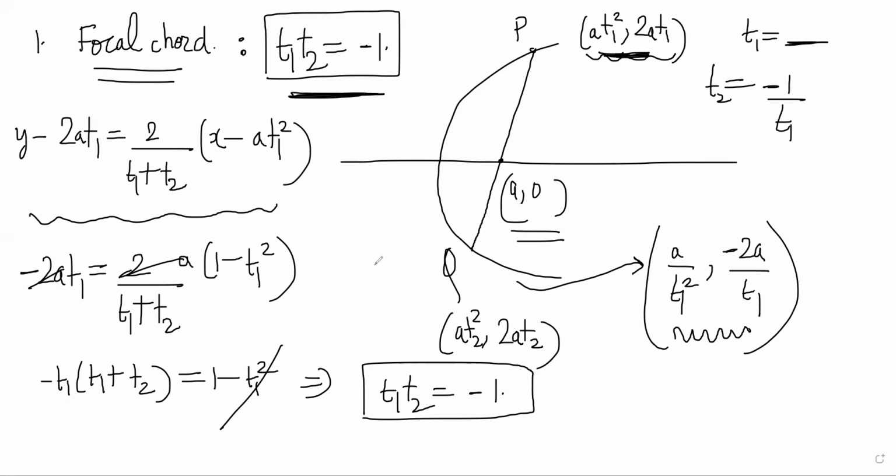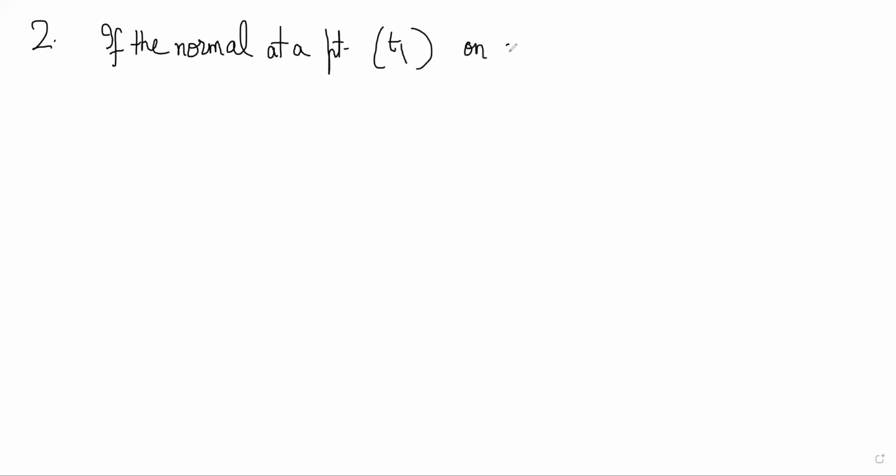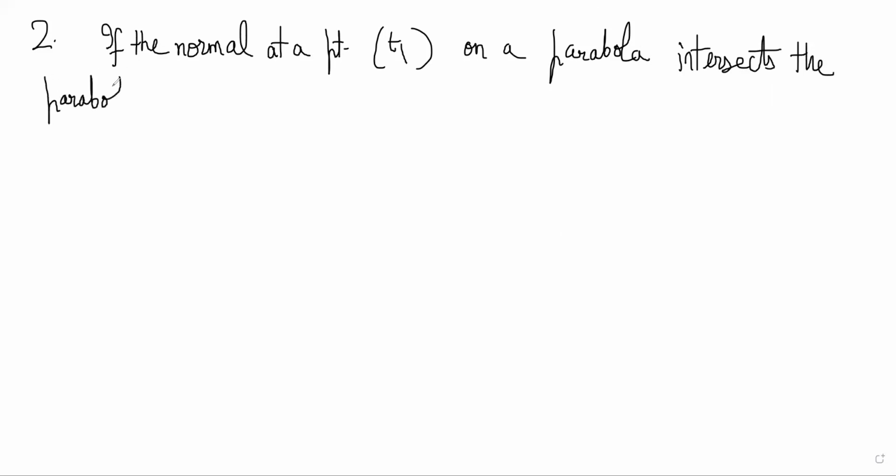Then next thing is, suppose the normal at point T1 on a parabola intersects the parabola again at another point, let's say, point P, which is T2, right?